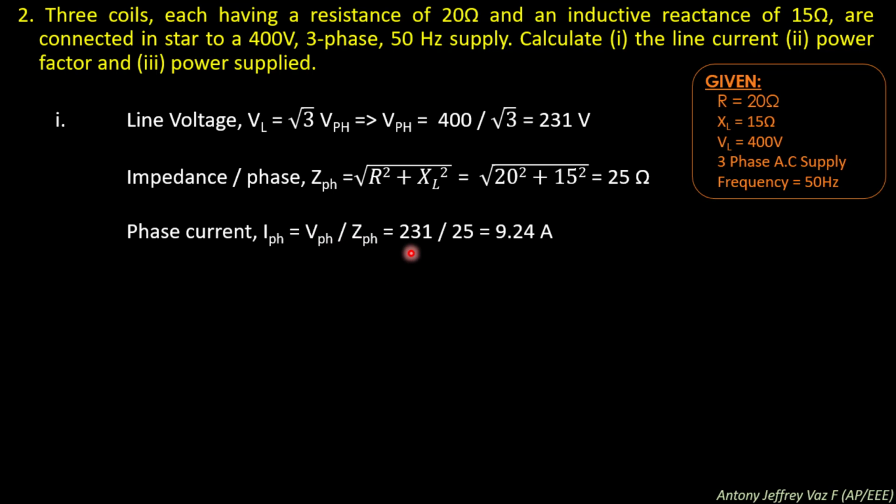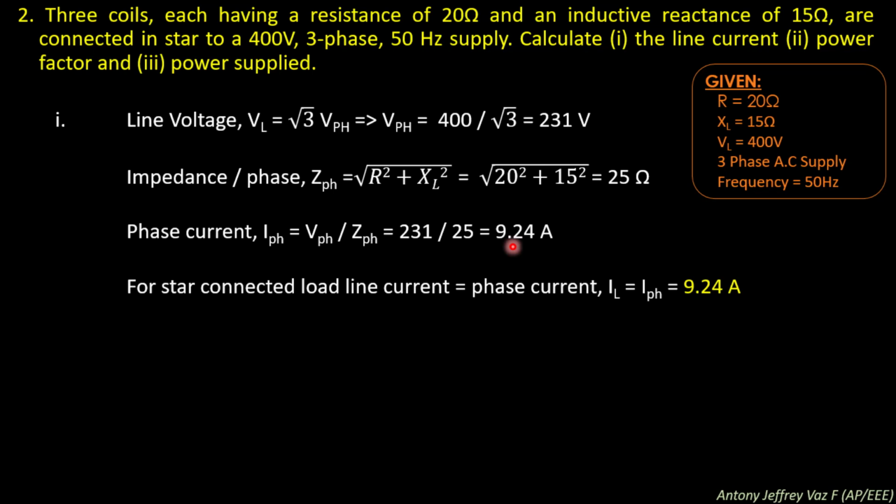Here the voltage per phase is 231 volt and the impedance per phase is 25 ohm. So you will get a phase current of 9.24 amperes. You know that the configuration is connected in star. So for star connected load, line current will be equivalent to phase current. So IL will be equivalent to I phase, which is equal to 9.24 amperes.